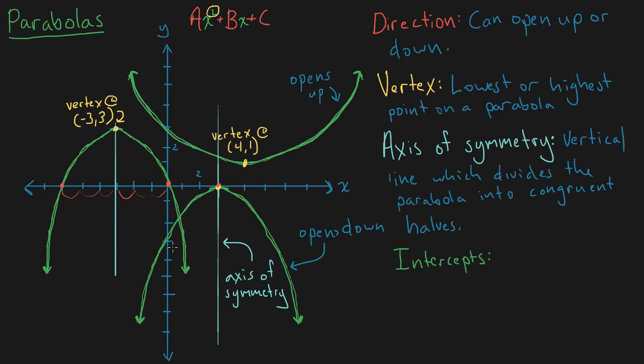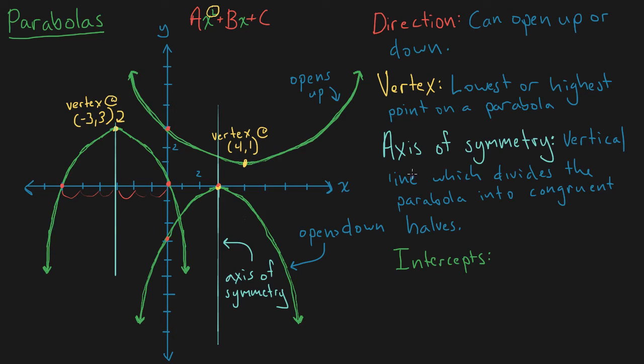We're also concerned sometimes with our y-intercepts, and every parabola is going to have one y-intercept. This parabola has one y-intercept right there. This is the y-intercept of this parabola, and this parabola right here crosses the y-axis at this point right here.